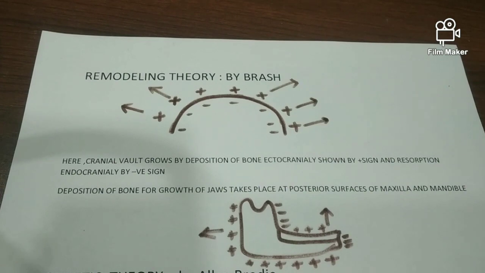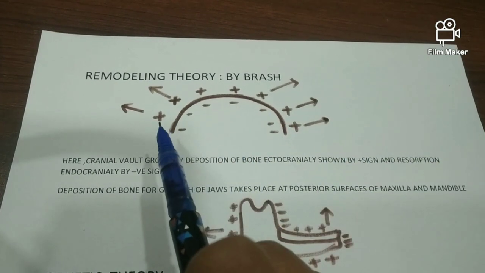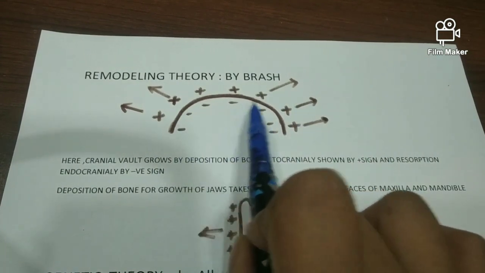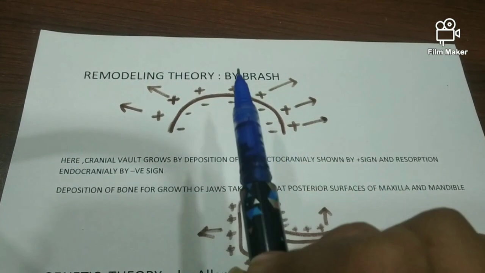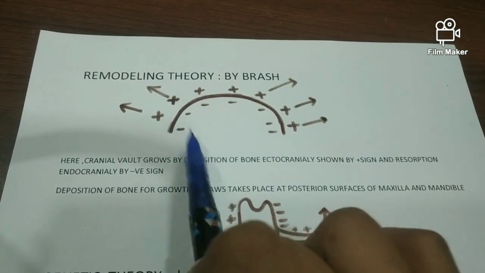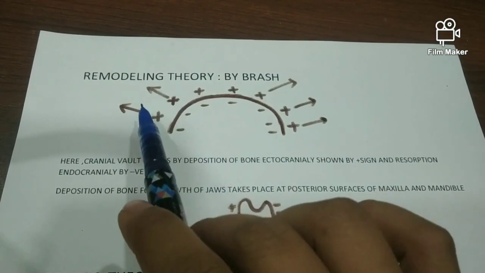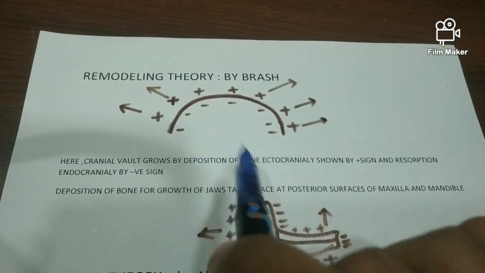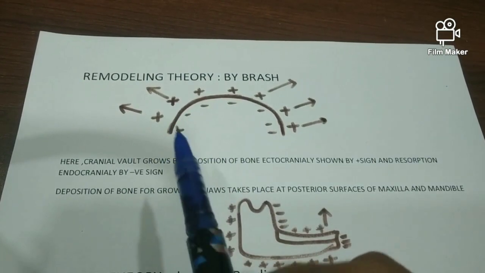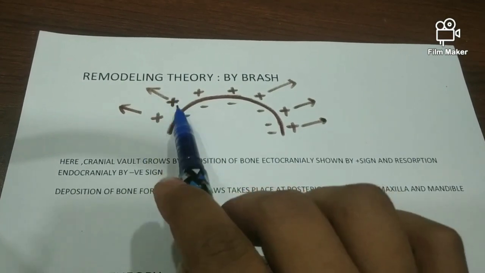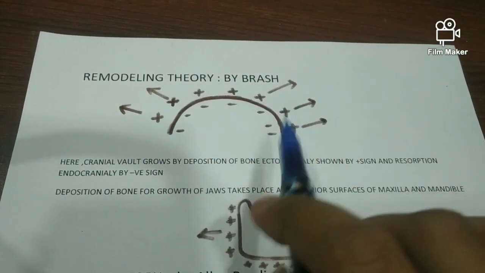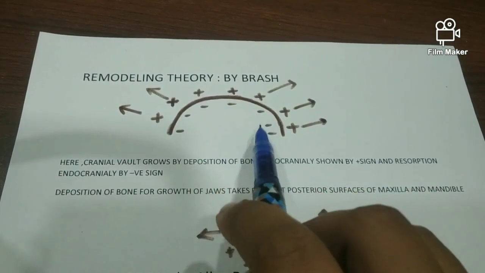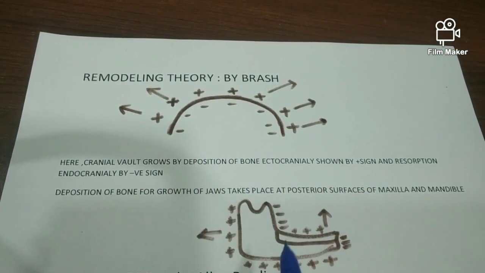This theory says that bone deposition takes place at the outer surfaces and resorption takes place at the inner surfaces. Always remember that growth takes place oppositionally, that is, deposition and resorption take place simultaneously. Look at the diagram. The vault shows deposition of bone ectocranially, shown by the positive sign, and resorption endocranially, shown by the negative sign.